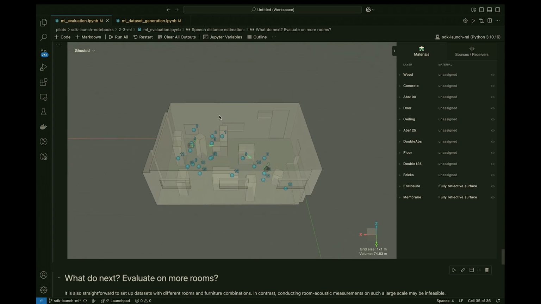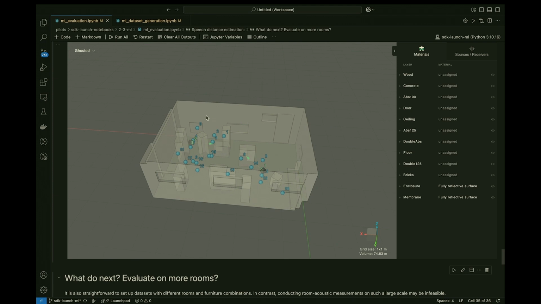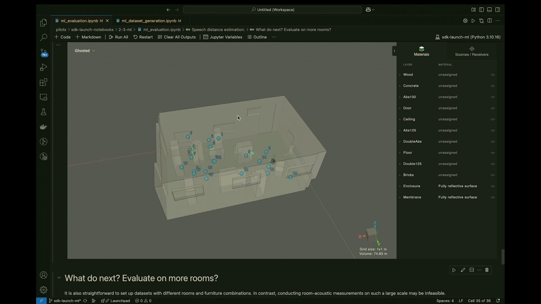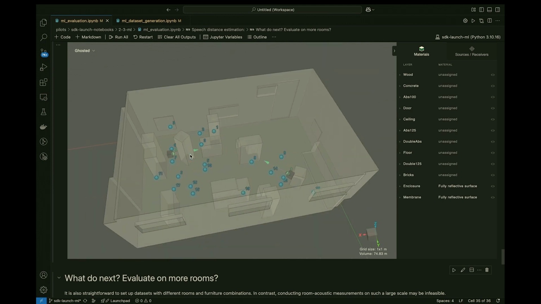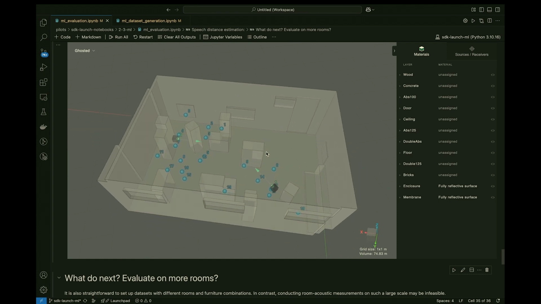So these are the 20 cases where the network performs the worst. And what we can see here is that they are mostly situated here, close to the bricks, and also very close to the sources. And that might indicate that the network has some difficulties performing at such locations.